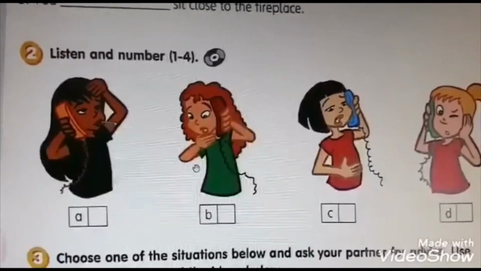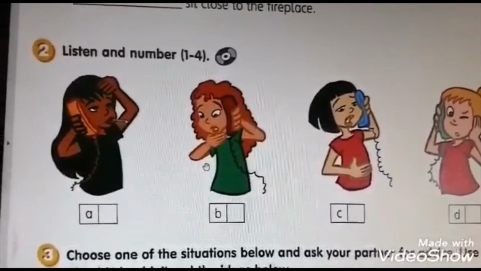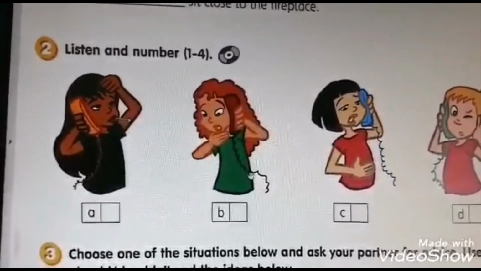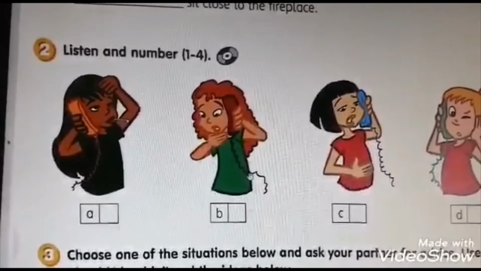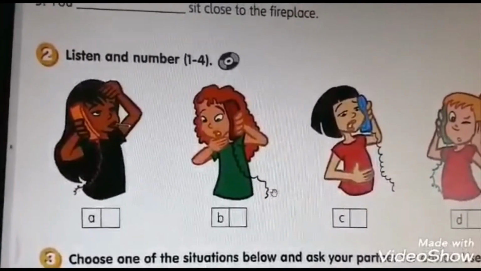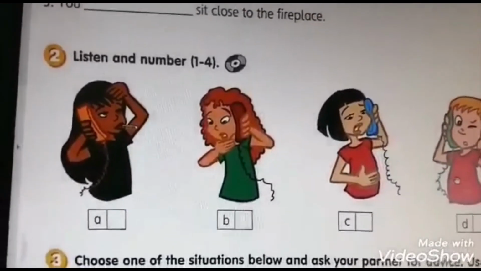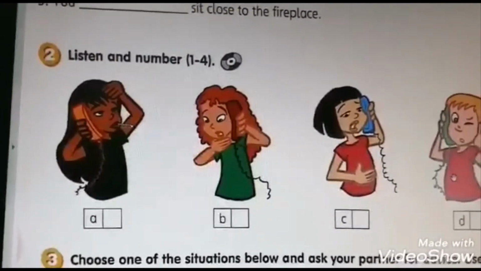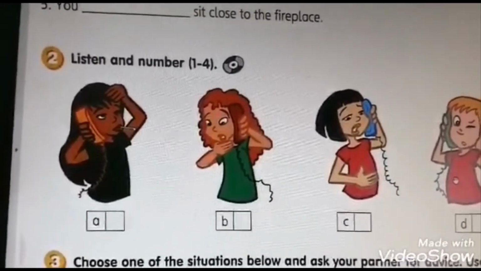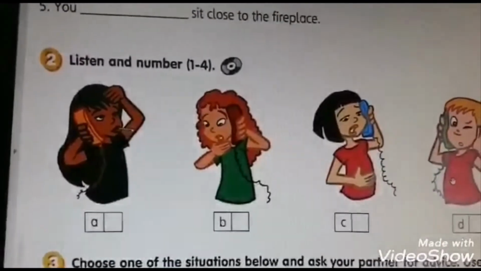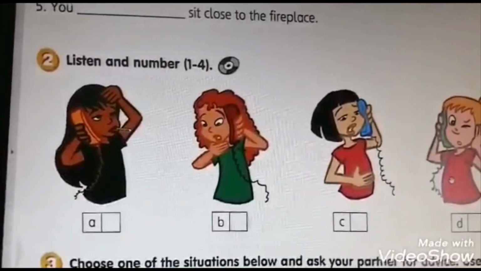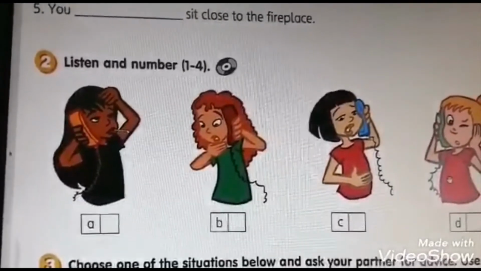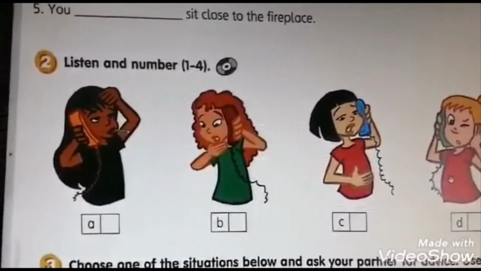B. She has got a sore throat. C. She has got a stomachache. And D. She has got earache. So listen to 4 conversations, identify the girls according to what they say, and write the numbers 1 to 4 in the boxes A to D. Are you ready for listening?